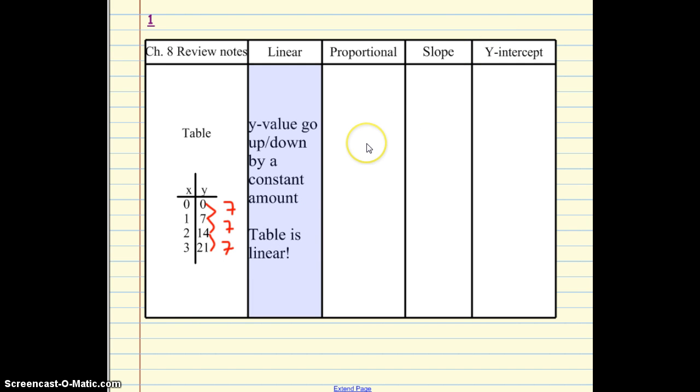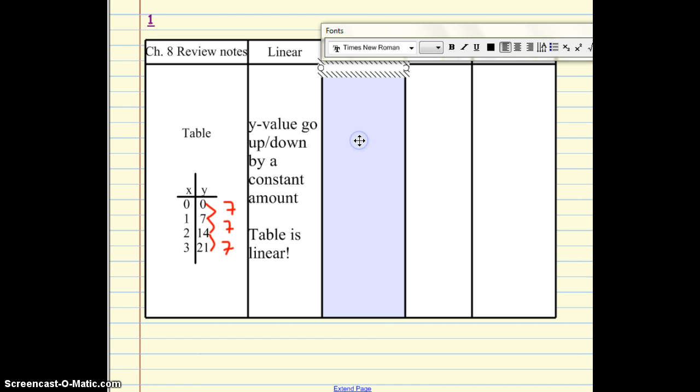Alright, moving on, proportional. Tables are proportional when, like we talked about the other day, when x equals 0, we want to know if y equals 0.